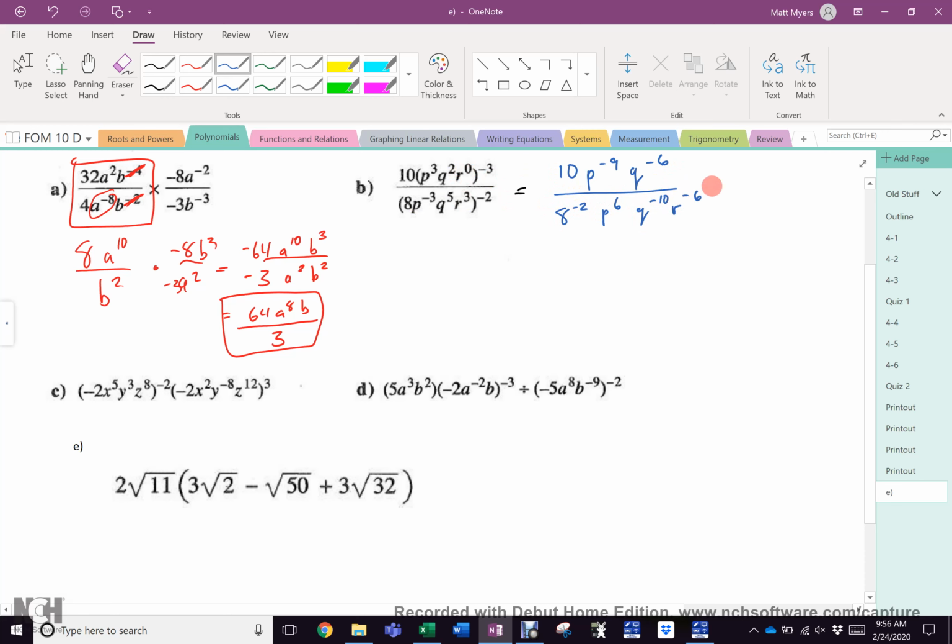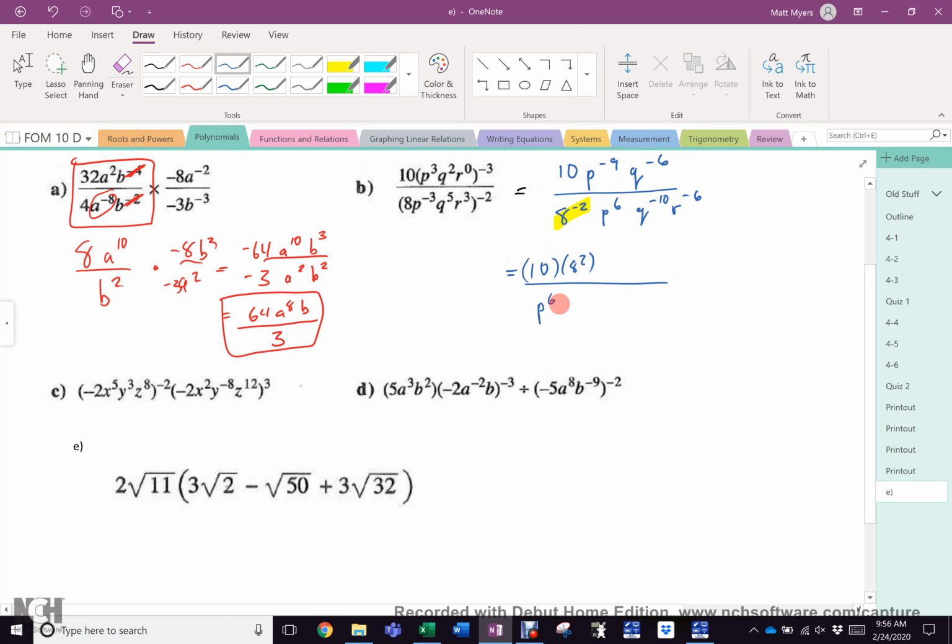And then I would move everything that needs moving, that needs moving because it's got a negative. So I would have 10, 8 squared up there.